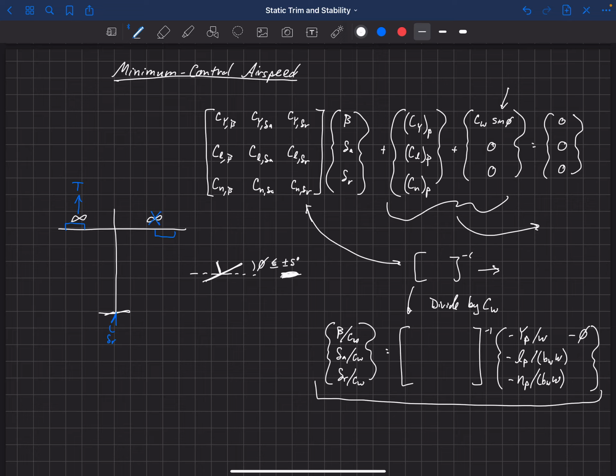Now, the stuff on the right-hand side here, I want to point out, is mostly independent of airspeed, okay? And let's just talk about that for a moment to make sure we understand.